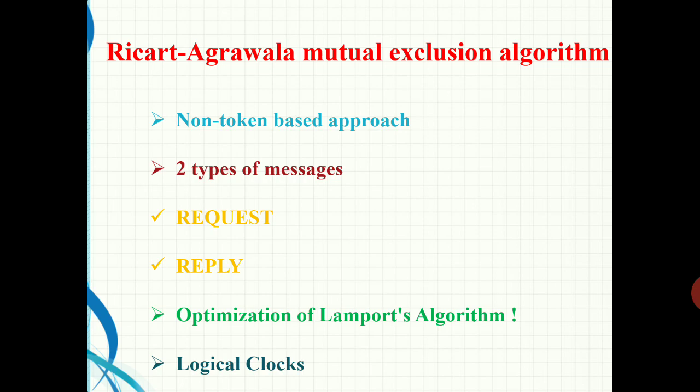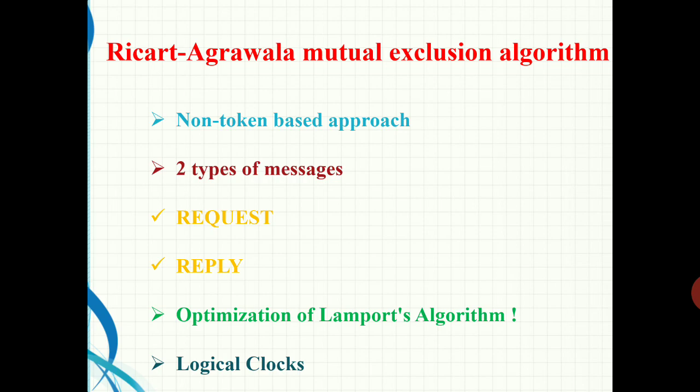We are not sending the release message separately; we piggyback the release message with the reply message. That is the idea of the Ricart-Agrawala algorithm. So that is why we are using only two types of messages instead of three.